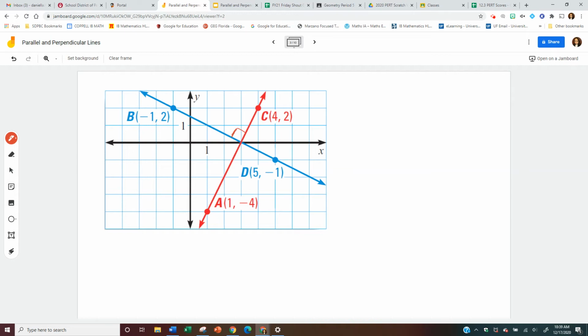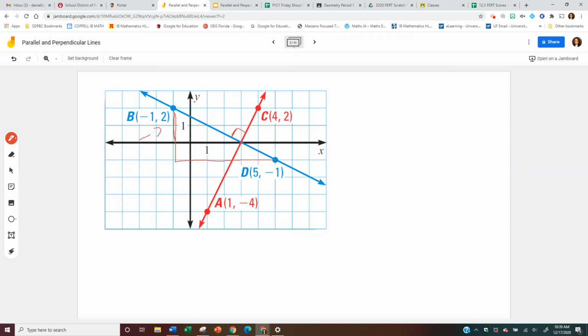Okay, let's examine the slope of each one of these. I'm going to take a look at the blue line. If I'm doing rise over run, my rise is actually negative. Do you see how I'm going down? And then my run is positive because I'm going over.